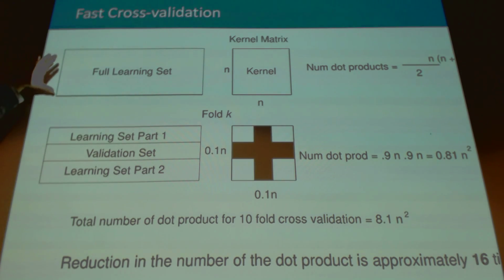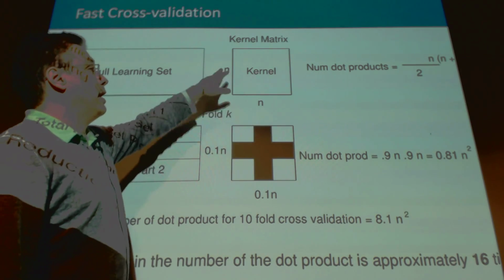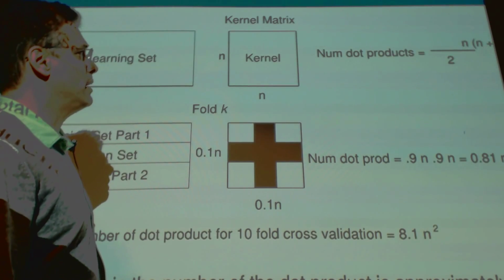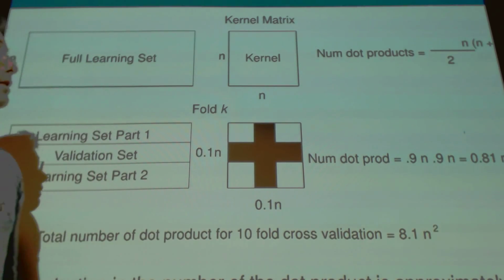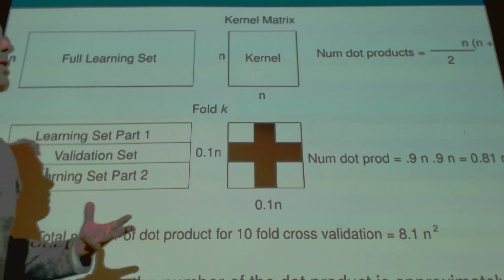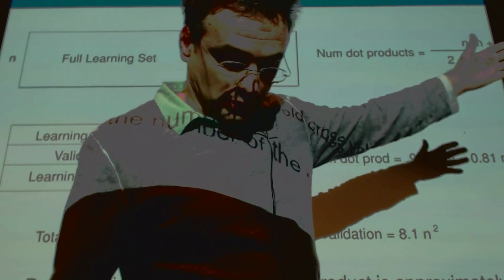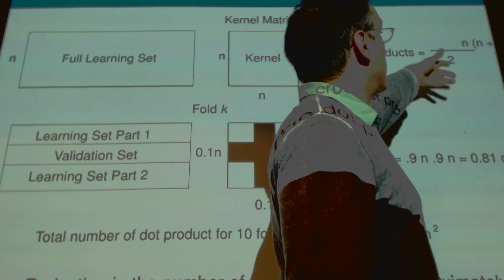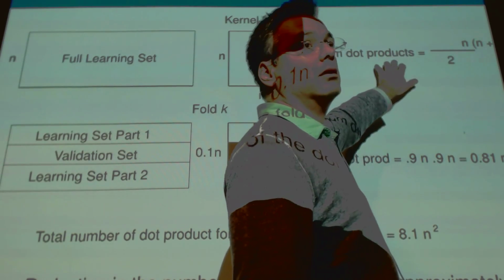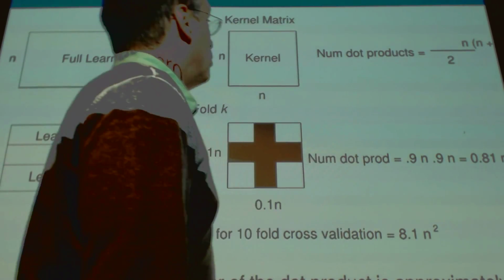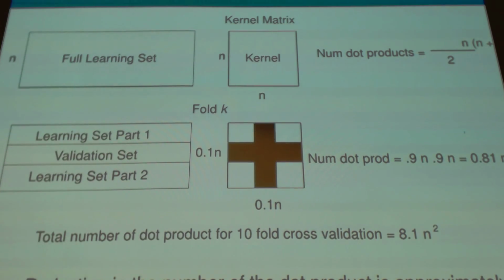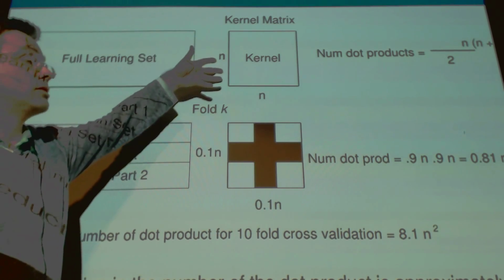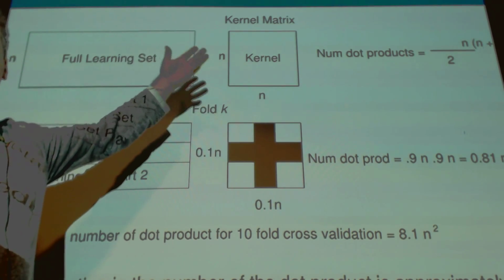So this matrix reduces to n by n. And what is very interesting is that this matrix is also symmetric. So you need to make just about n squared over 2 dot products. What libSVM does is, if you're doing a cross-validation, it creates this whole kernel matrix every time.